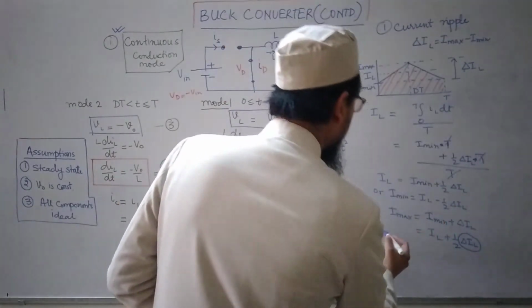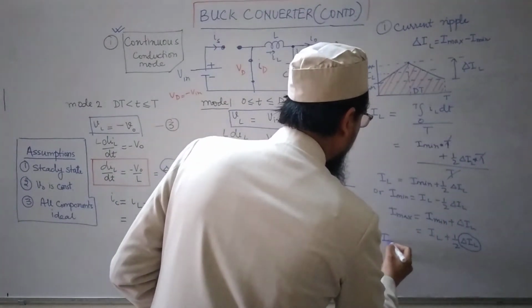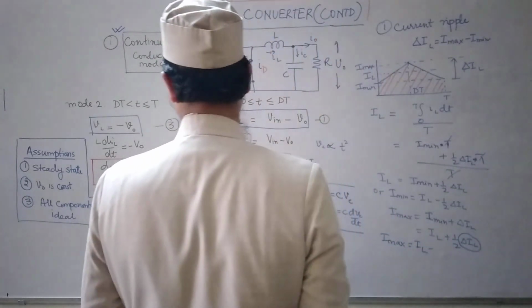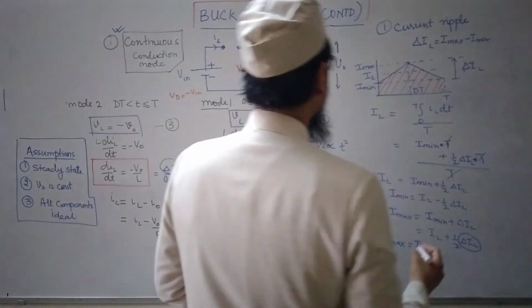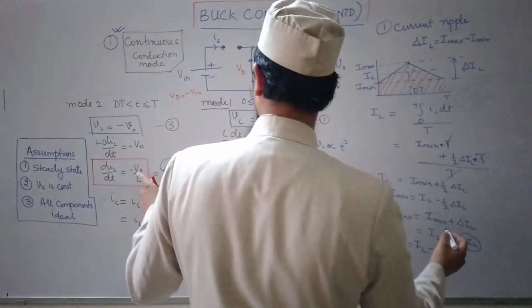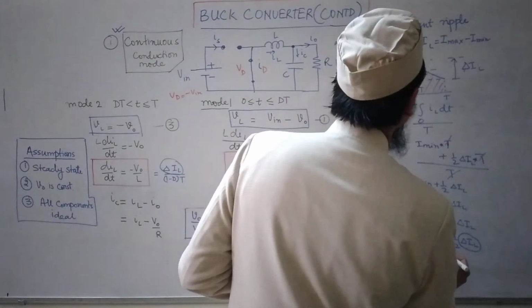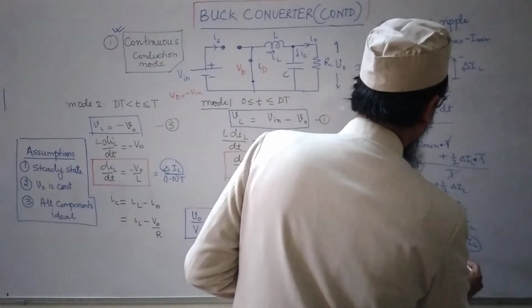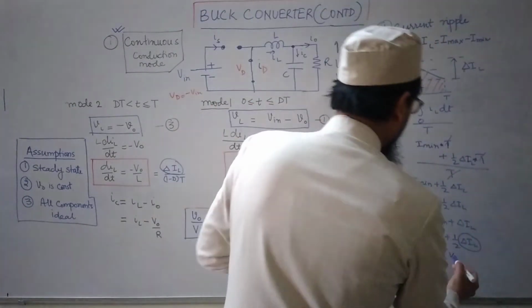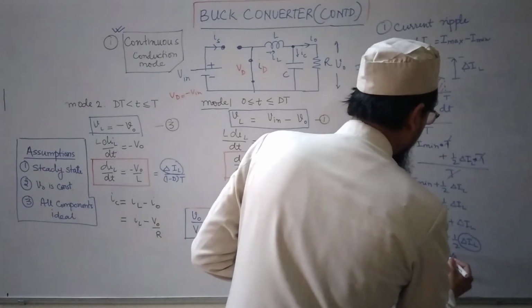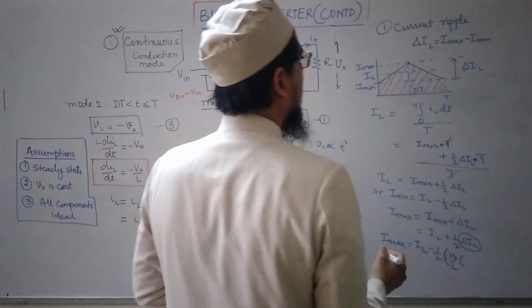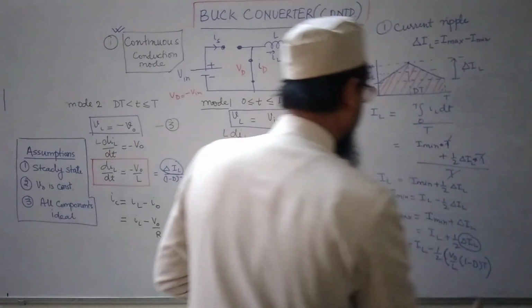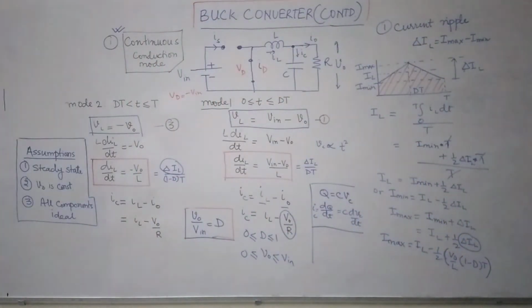So if I put it there, then I will get I max is equal to IL minus half of V naught by L times (1 minus D) into T. Okay.